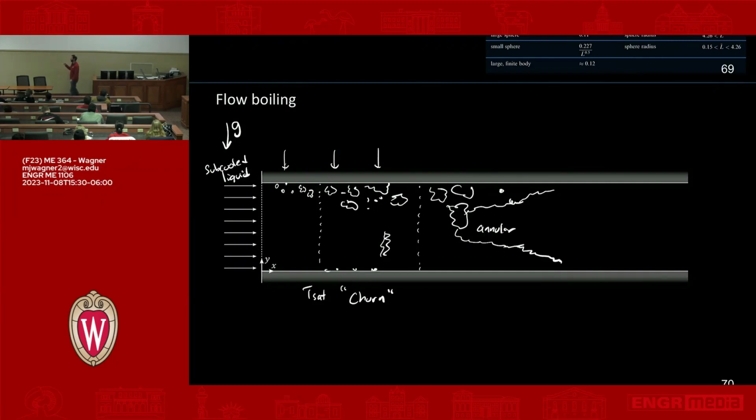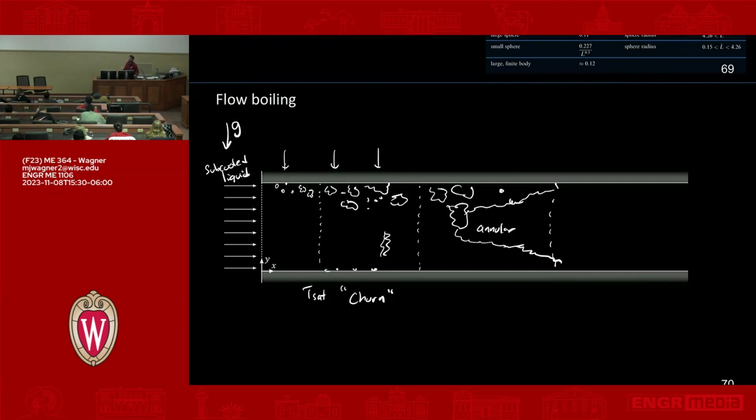That shear stress is going to want to hold on to the liquid while the less viscous vapor just shoots through the middle. So you get this ring around the edge of liquid that's forming, and then you have this steam, or whatever it is, the vapor, like I said, the annular flow region. So we just call it that.